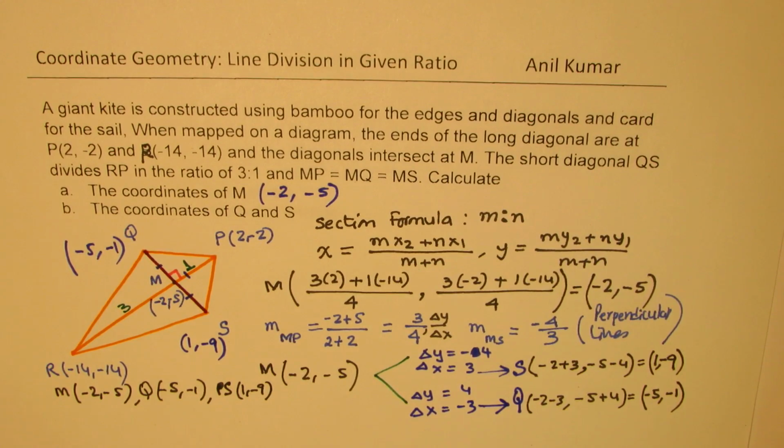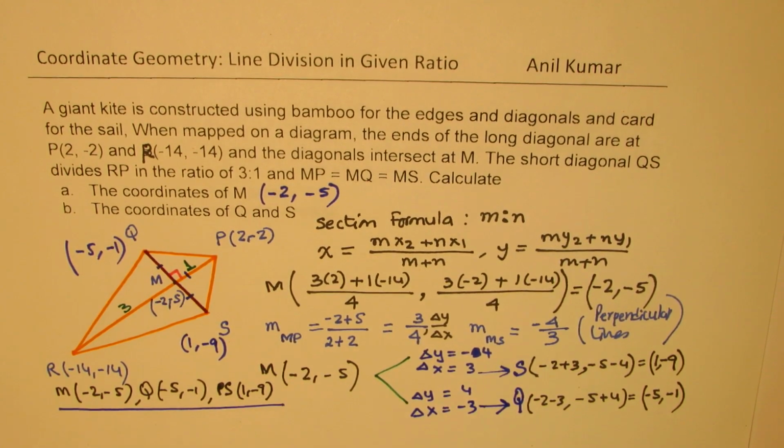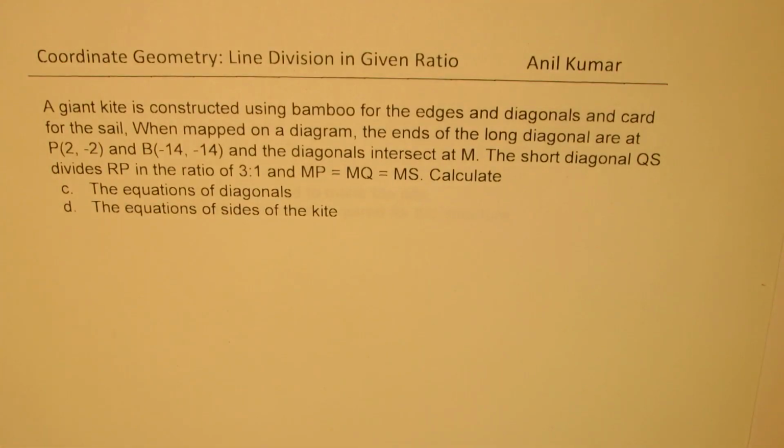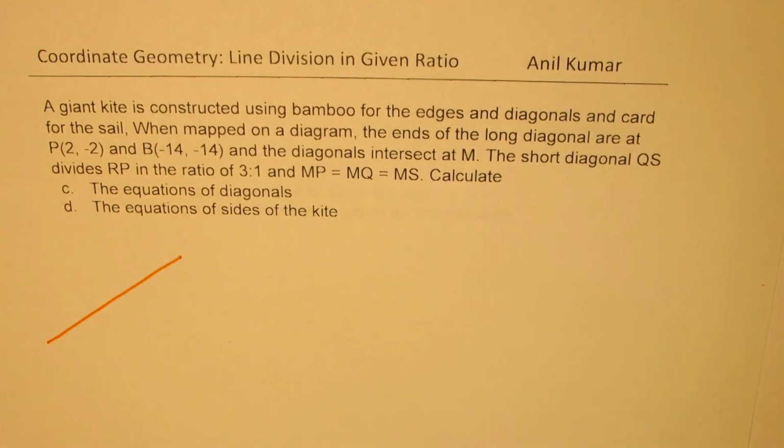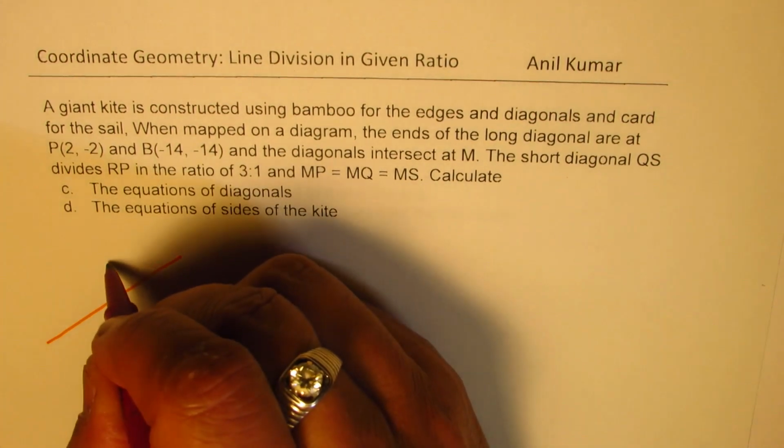Correct? So we'll move forward with these points and do the rest of the question. Now we need to find the equation of the diagonals and the equation of the sides of the kite. So let me again sketch the kite which we have. Now this time we'll just sketch it with the coordinate points.